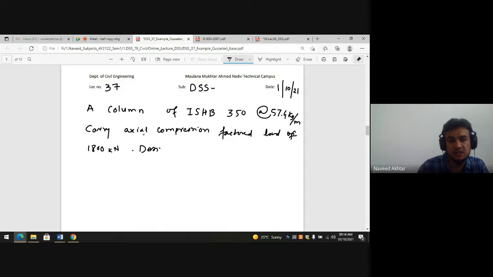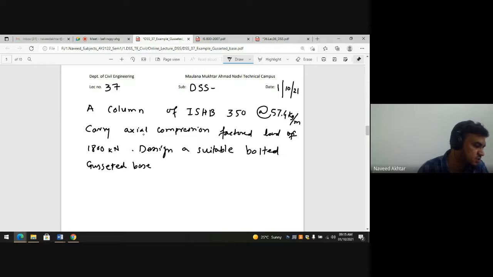Design a suitable bolted gusseted base, resting on M20 grade of concrete.